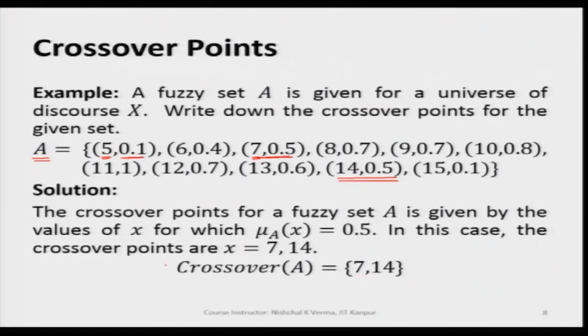That is how we write here the crossover of a fuzzy set is a set which has 7 and 14. So, this way we get a crossover of a discrete fuzzy set.